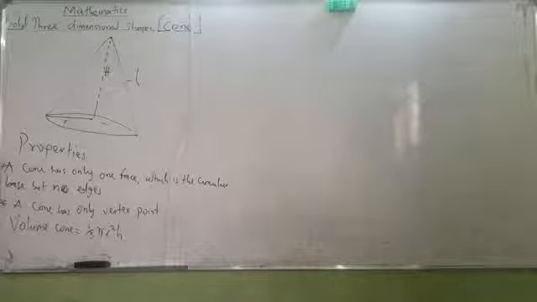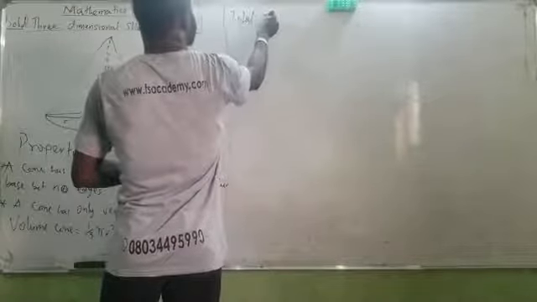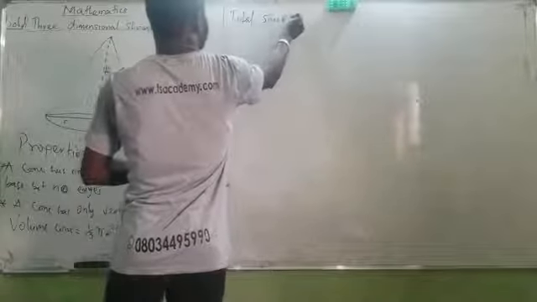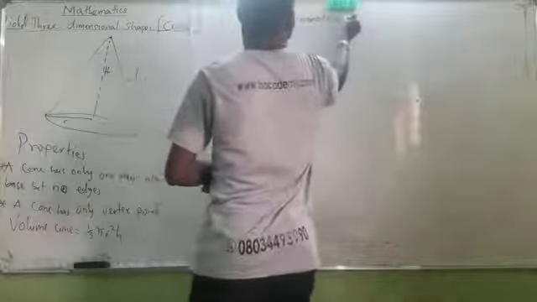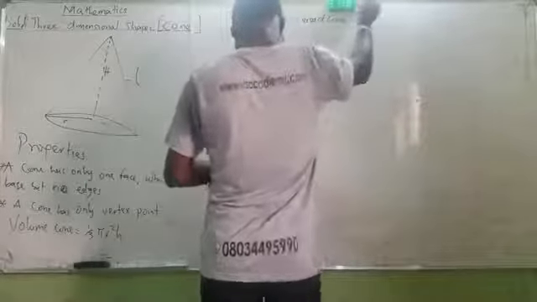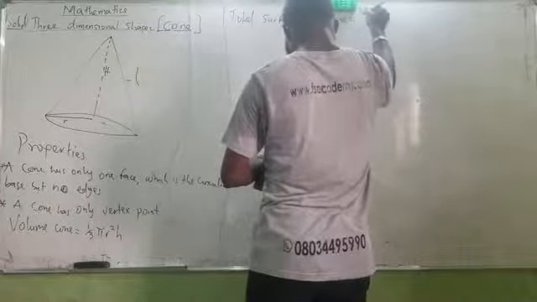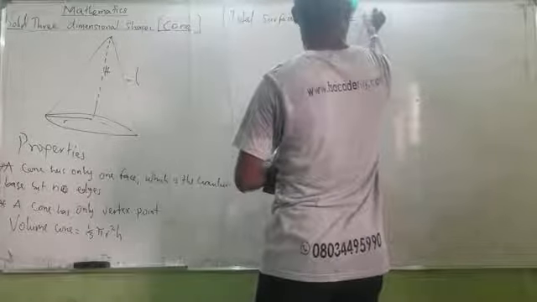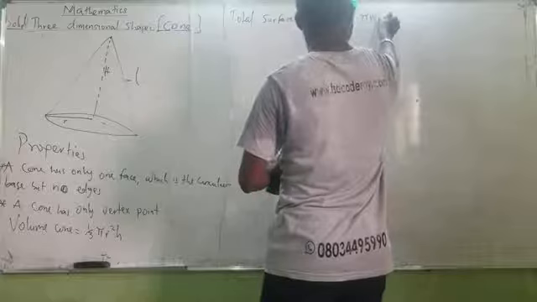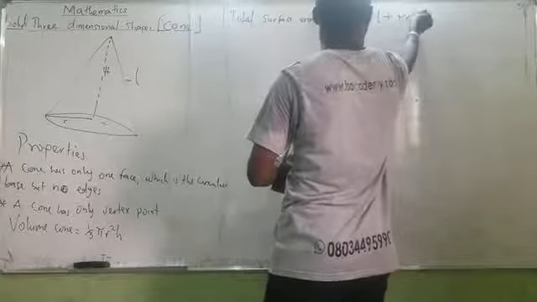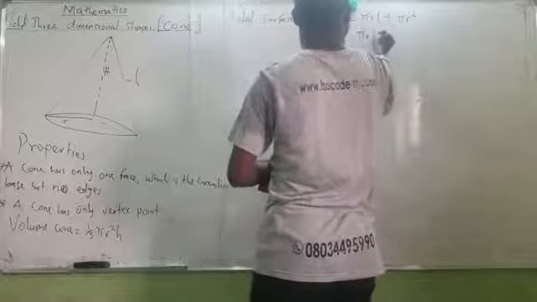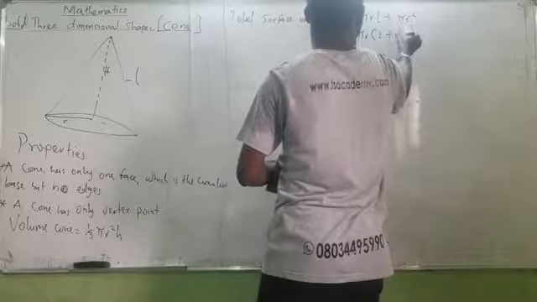Now, total surface area of a cone. Let me try to talk about that. Total surface area of a cone will be what? Pi r l plus pi r squared, which is pi r times l plus r.